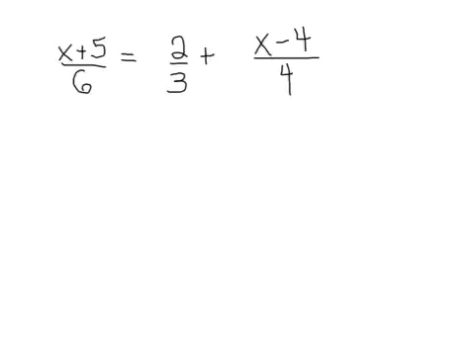And the trick to beginning this is to look at those denominators, in our case 6, 3, and 4, and ask yourself, what is the lowest common multiple of those three numbers? In other words, what's a number that they all go into evenly? And so at that point you might say, well, they all go into 12, don't they?